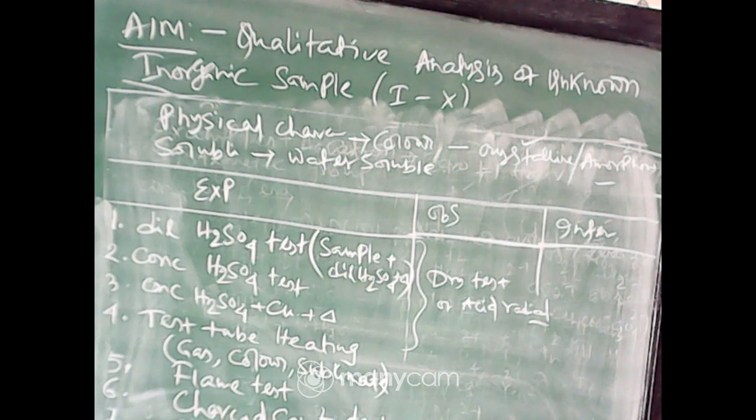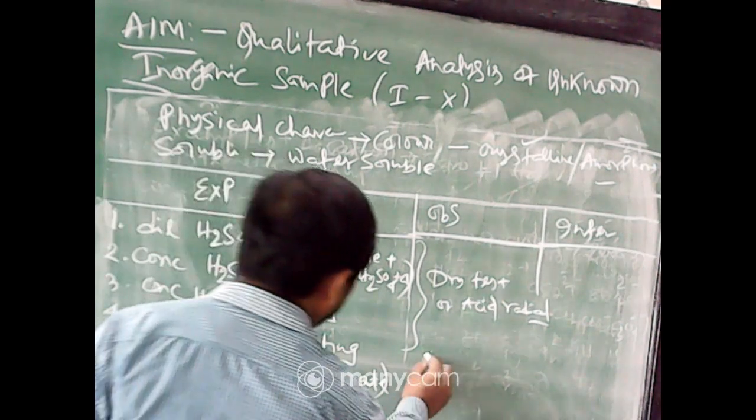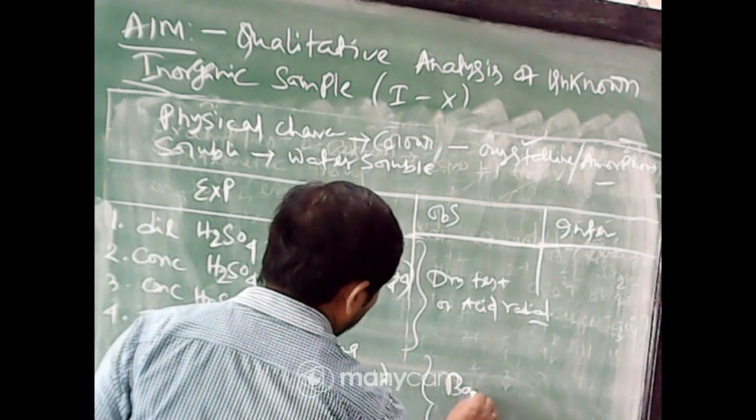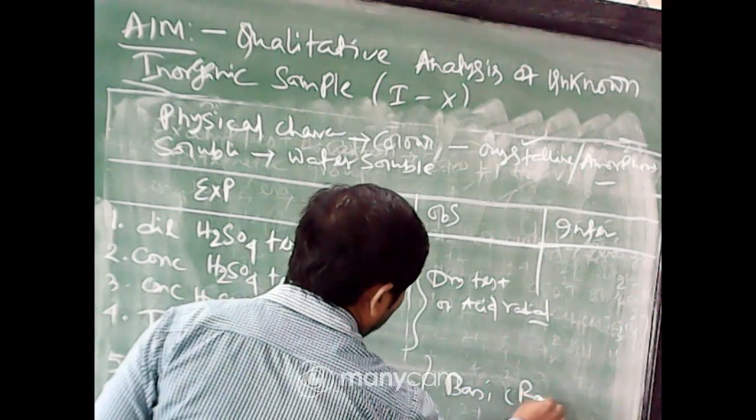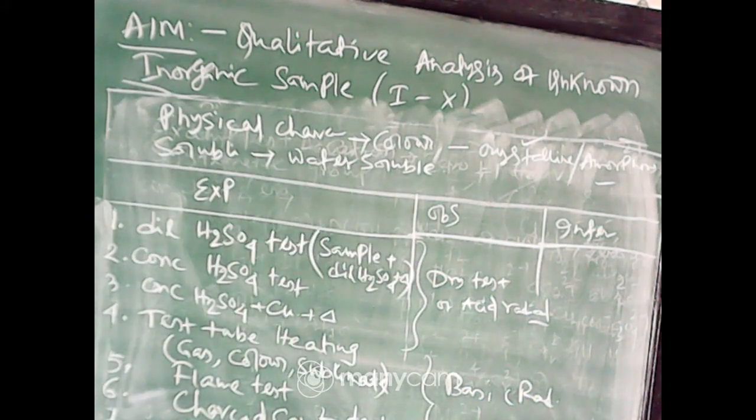This is also a preliminary idea. So number 8 is the KMnO4 test. Tests 5 to 8 are the preliminary tests for basic radical. Now tell me, what is your query regarding that?